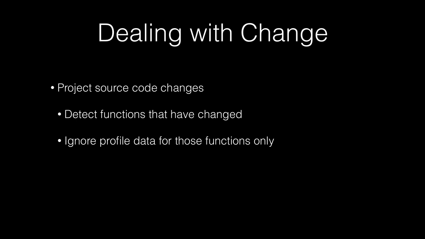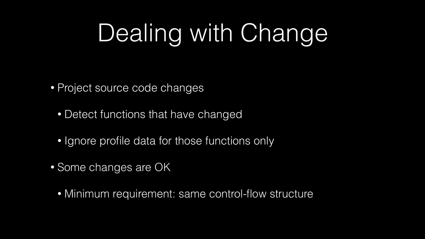So we want to be able to fix the bug and still use the old profile data. But in some cases, the bug fix may render that profile invalid or too difficult to use. So the idea that we're going to do to start, at least, is if a function has changed in a way that we can't use the profile, we may have to ignore the profile data for that function. But all of the other functions, we want to continue to work with the profile feedback.